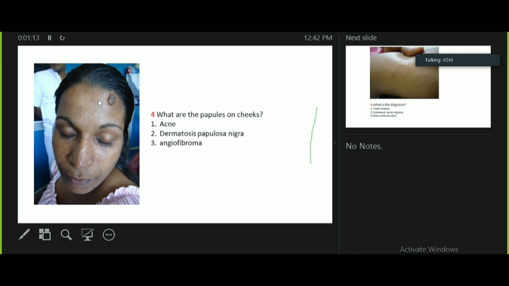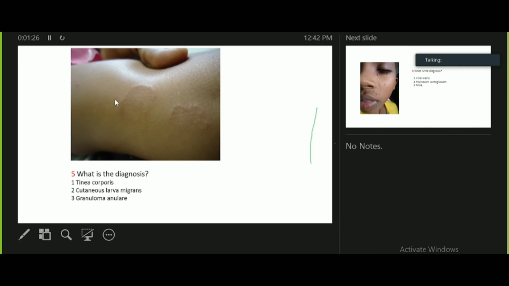The papules on the cheek, angiofibromas, you see this in tuberous sclerosis. There's another clue on the forehead. The forehead plaque is also there. Diagnosis here, granuloma annulare. In tinea corporis, there's more scaling and epidermal changes, whereas granuloma annulare is a dermal condition, with very little epidermal change.